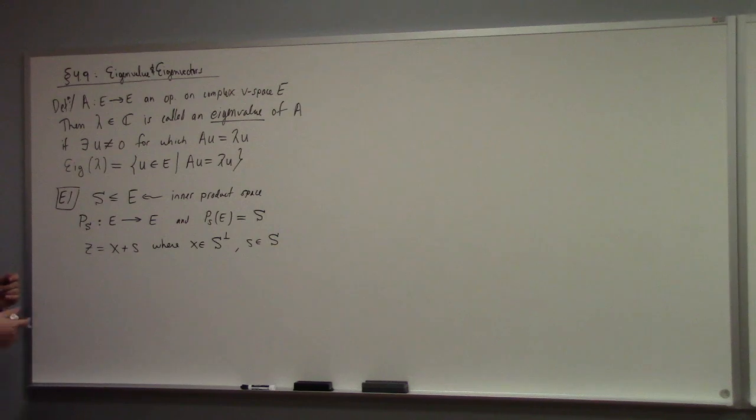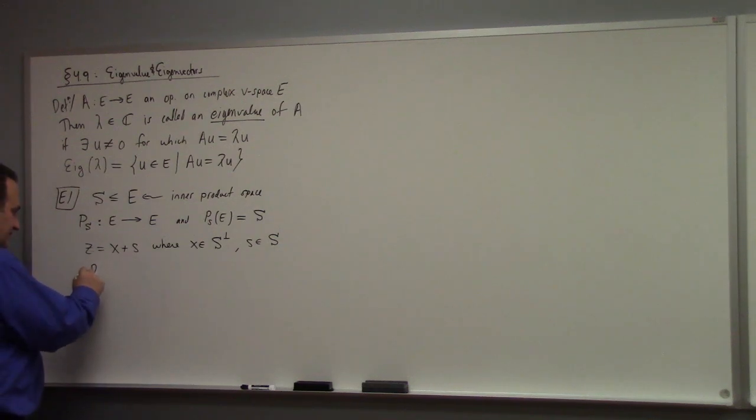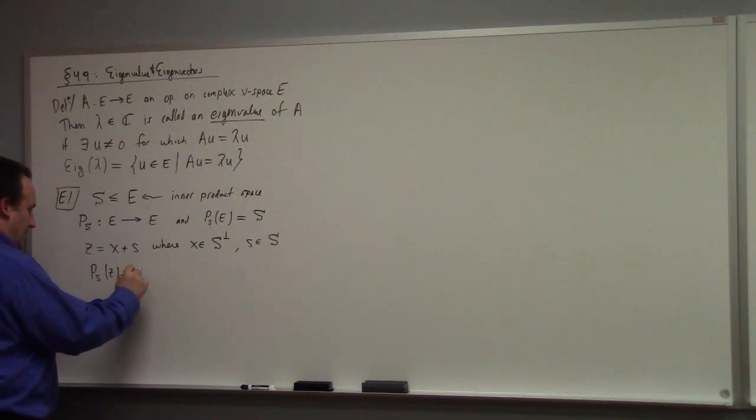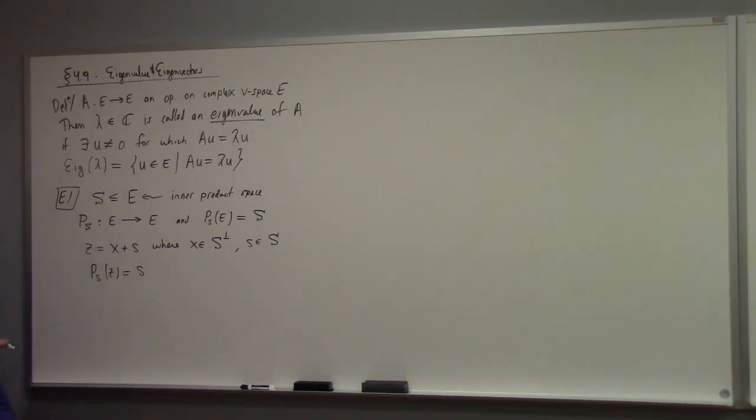And in this context, then P_S of z is equal to what? It's just equal to s, right? It kills the perp part and leaves you s.